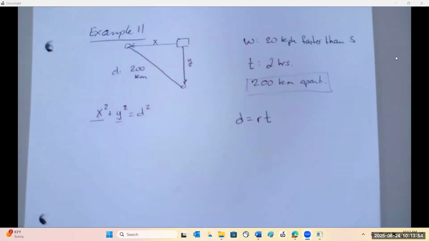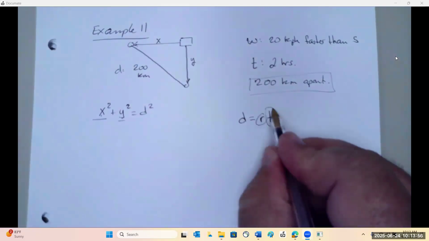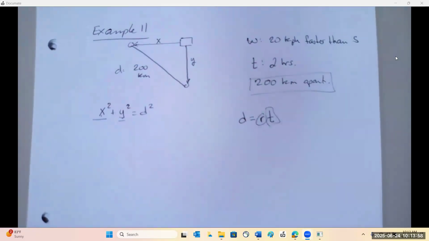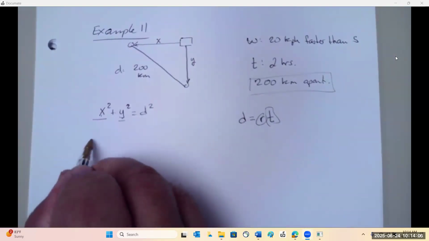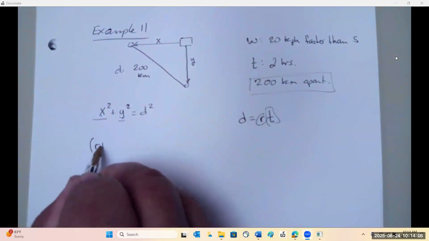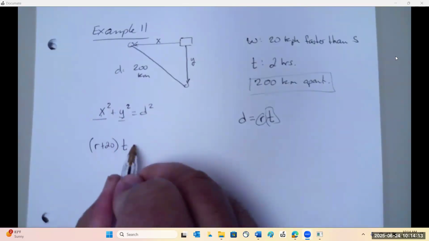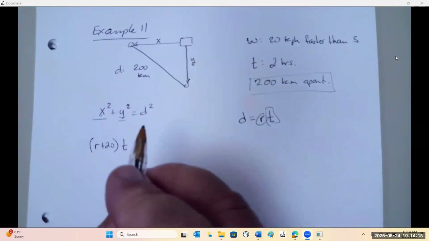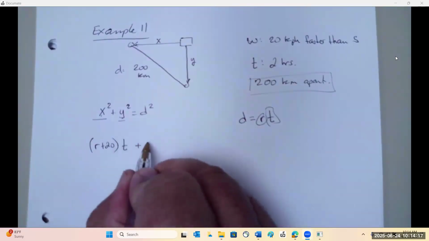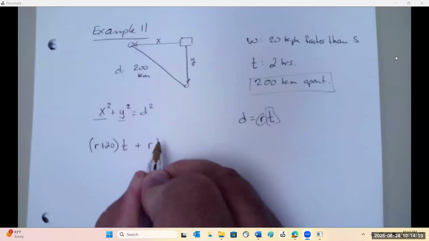We're going to use R and T here. So one of them is going to be R plus 20, the other is going to be R. Which one's which? Times the time, plus RT.